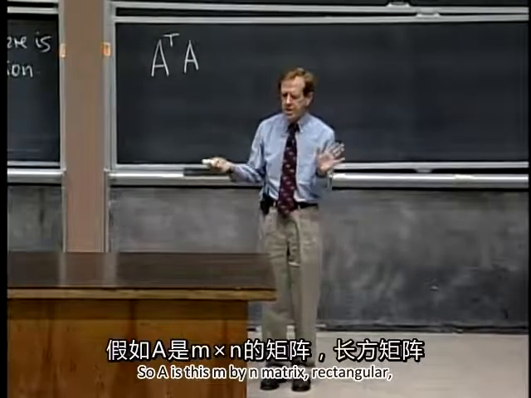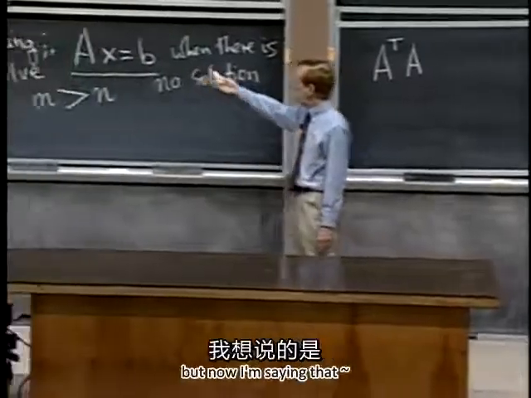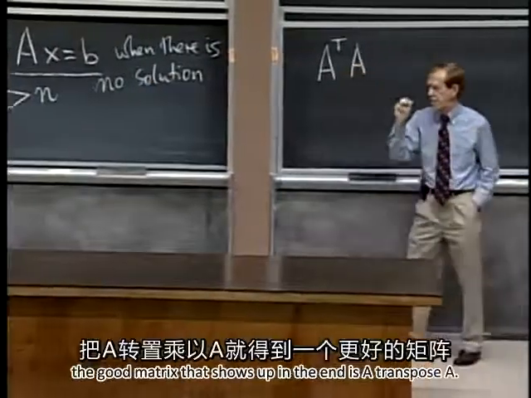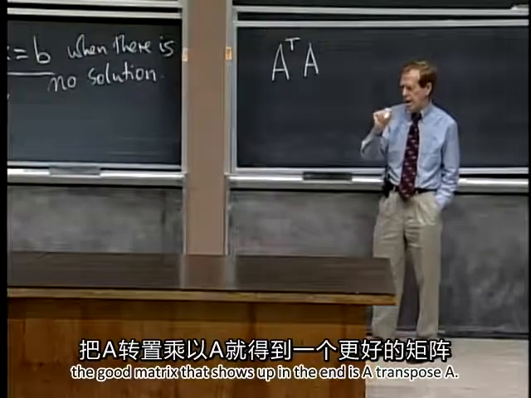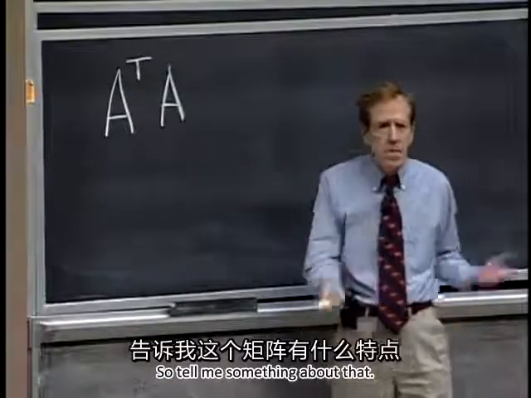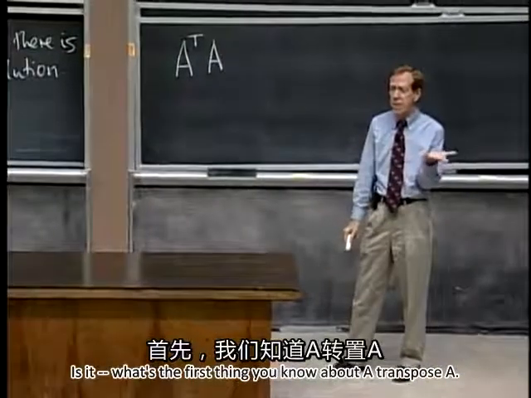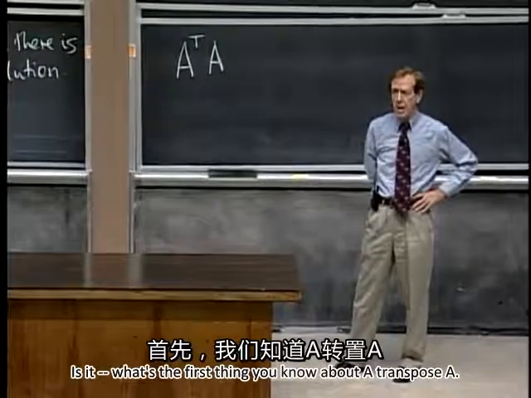So A is this m by n matrix, rectangular. But now I'm saying that the good matrix that shows up in the end is A transpose A. So tell me, what's the first thing you know about A transpose A?